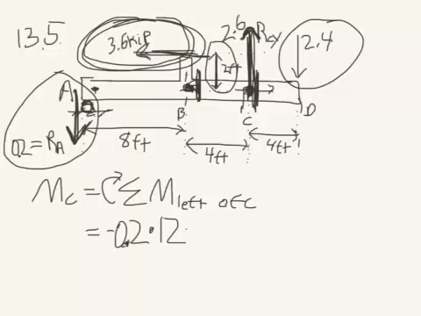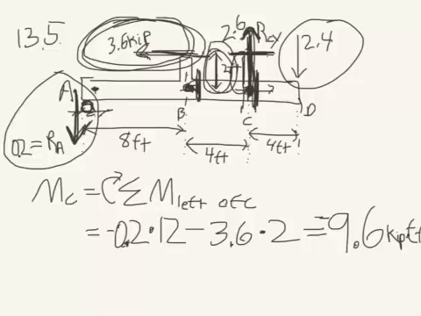And then we're also going to subtract the force of 3.6 times its distance, which is still 2 feet, because we're looking at the distance perpendicular to the force, which happens right here. So that's still 2 feet. So we add those up and that gives us the answer, negative 9.6 kip feet.